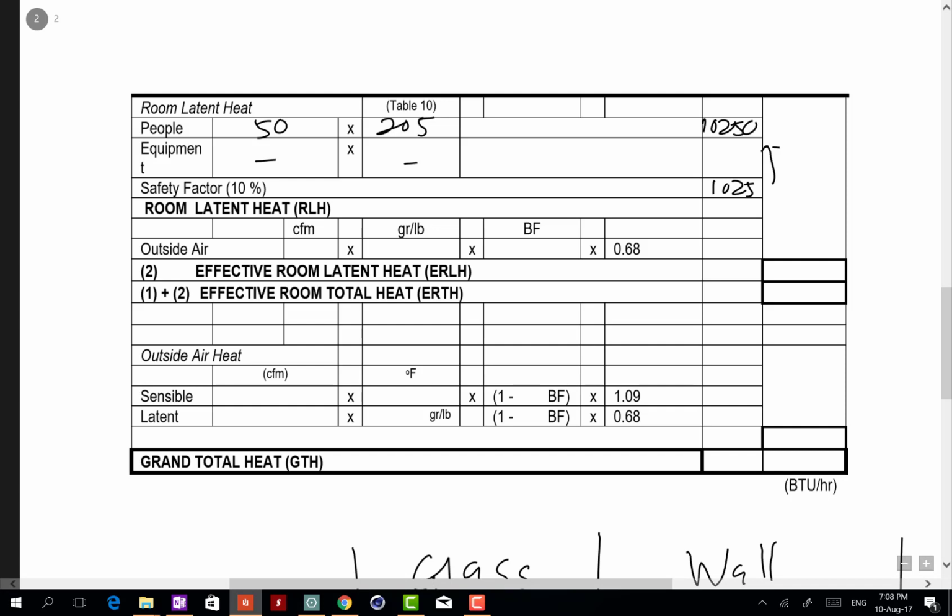And then we calculate the room latent heat to be 10250 plus 1025, which becomes 11275 BTU per hour. Okay, and then for the outside air, the CFM we used just now is 750, and the specific humidity difference is set to be 64.